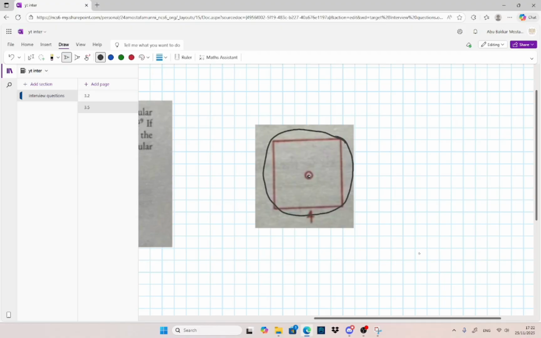The only forces acting on this are going to be a weight, so mg, and the force applied to the axle, which we're going to call F. Okay, so as you can see, I drew a circle around it to show you that this distance here is going to be r.